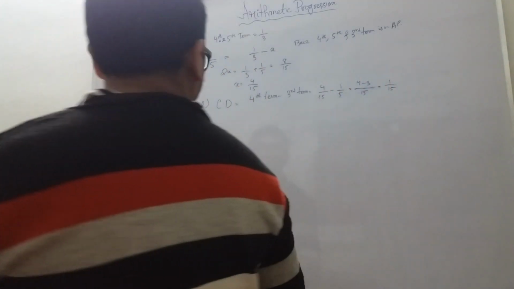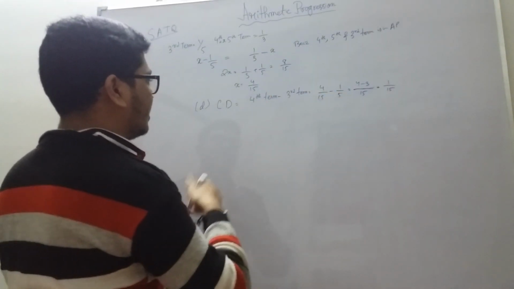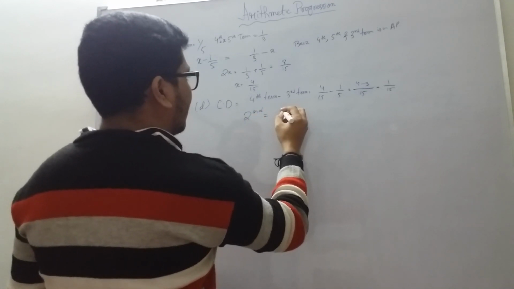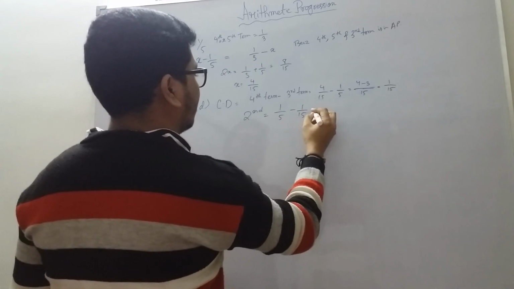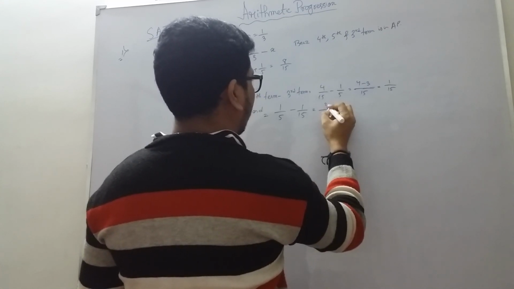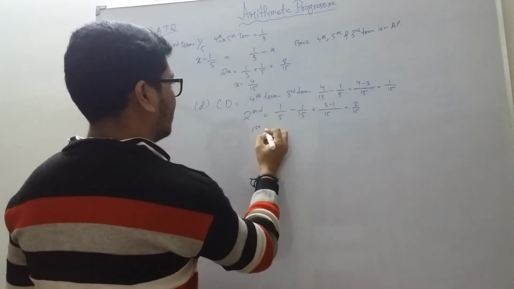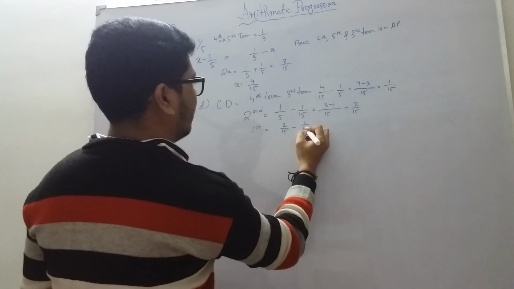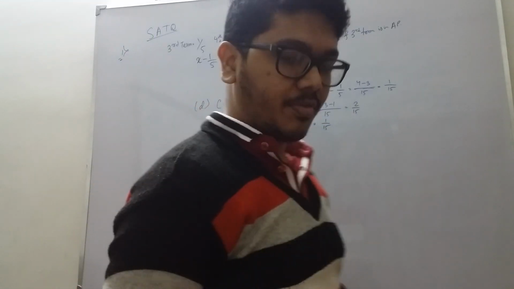The second term is the third term minus the common difference, which is 2 by 15, and the first term is 2 by 15 minus 1 by 15, so 1 by 15 is the first term.